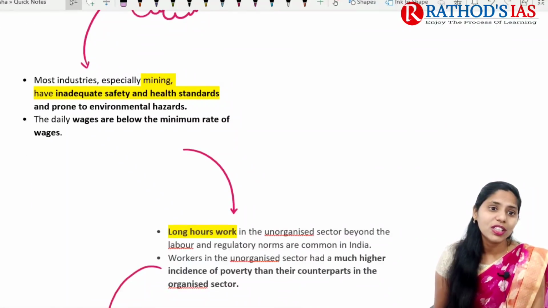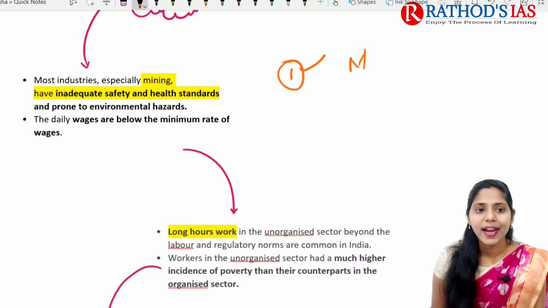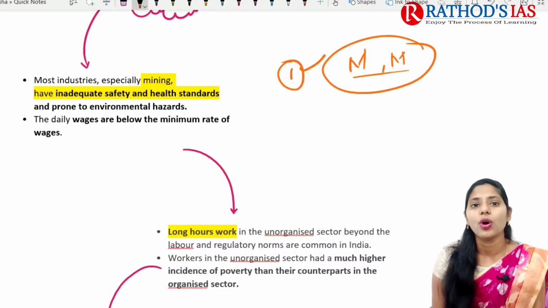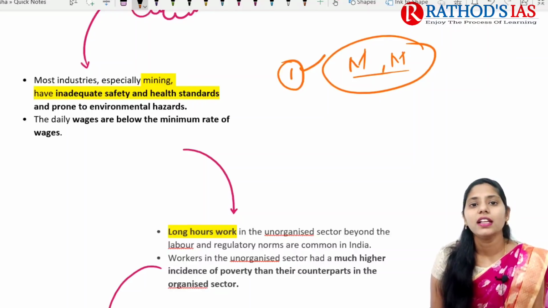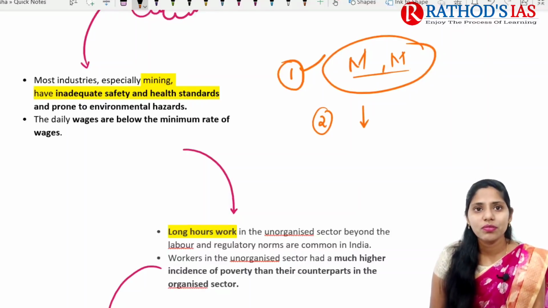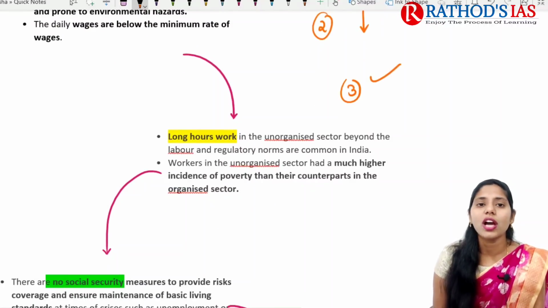Now, what are the issues? The first one: especially in the mining sector and in most small industries, there is no proper focus on safety standards and health standards, and that also leads to some environmental hazards. The second one is that a very low minimum wage is provided, and sometimes workers have to do long hours of work.